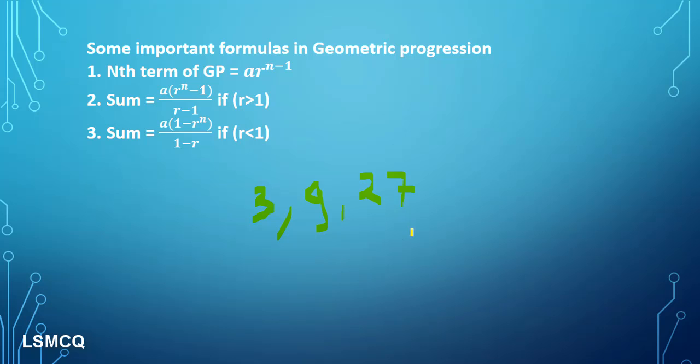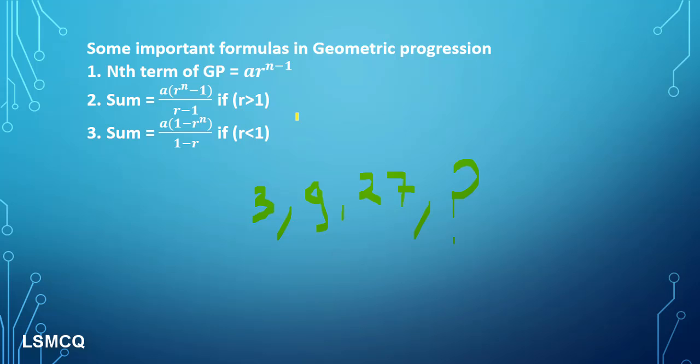If there are two terms, n is 2, and if the question asks you to find the fourth term, then n is 4. So this equation essentially becomes 3 into 3 to the power of 4 minus 1. I hope you are getting my point here.